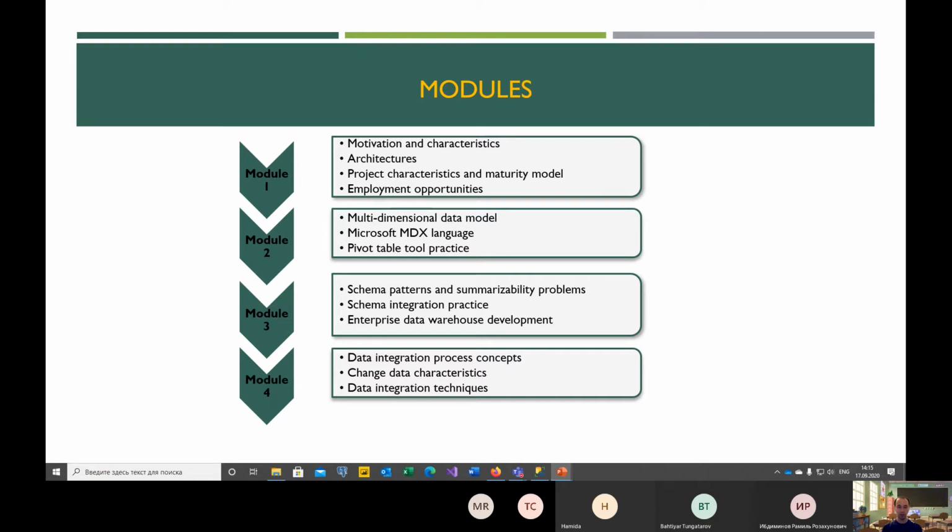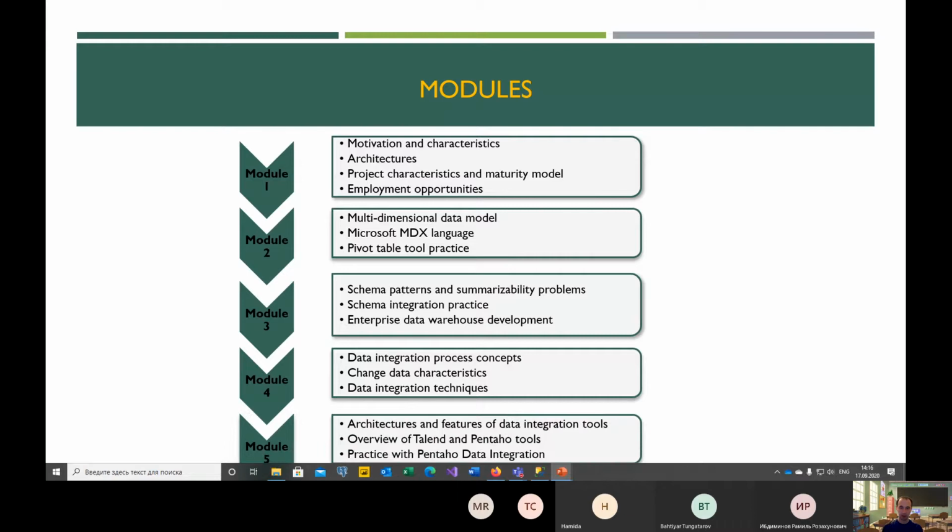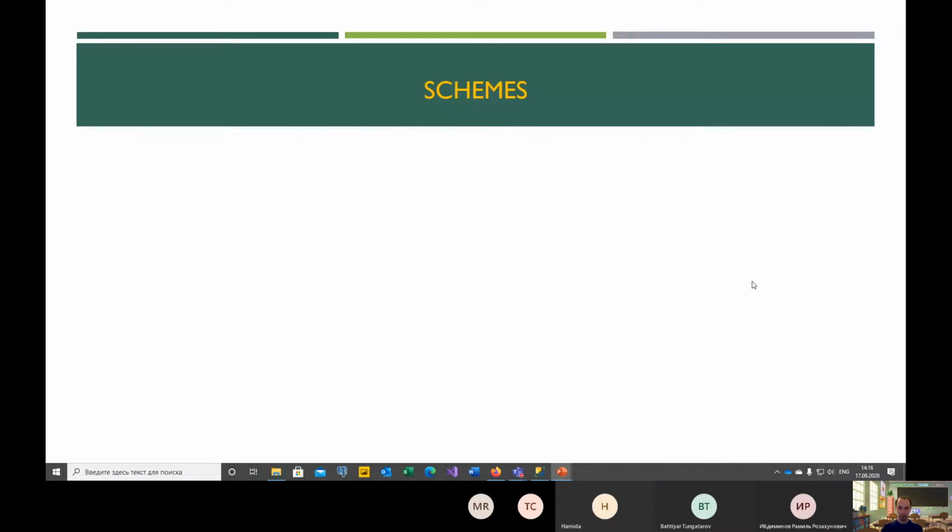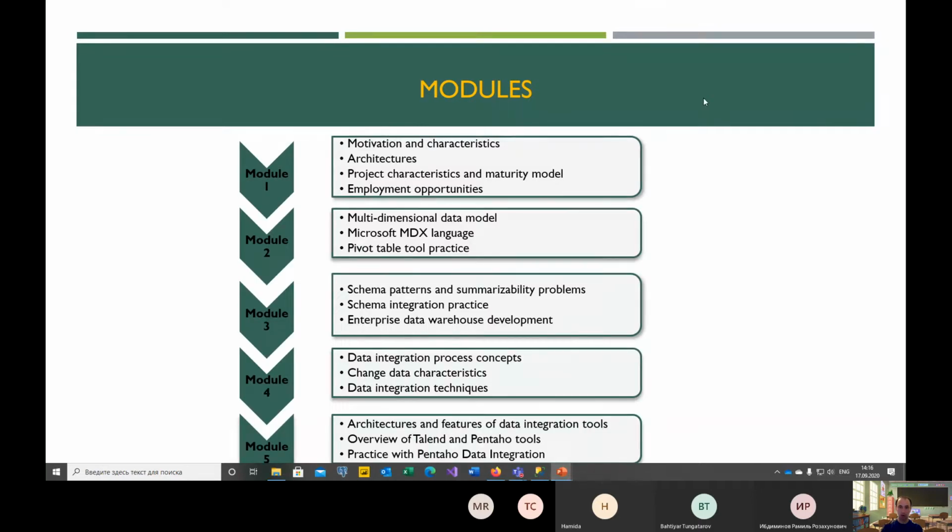Then the important part is integration techniques and some data characteristics, what we get when we build this data warehouse. And in the fifth module, we can overview some tools. Actually, there are a bunch of them for integration services and representation.